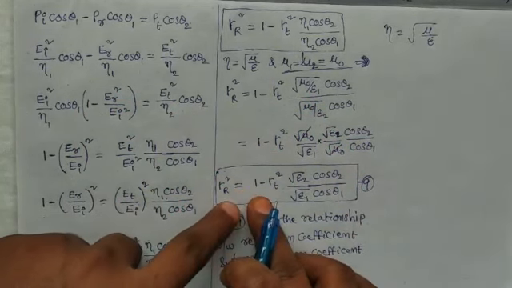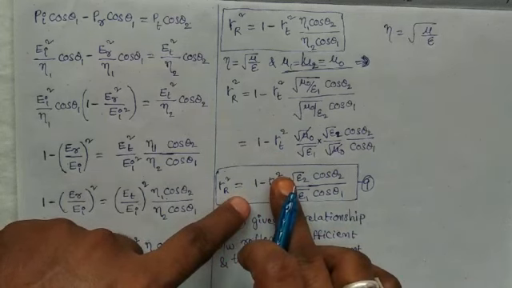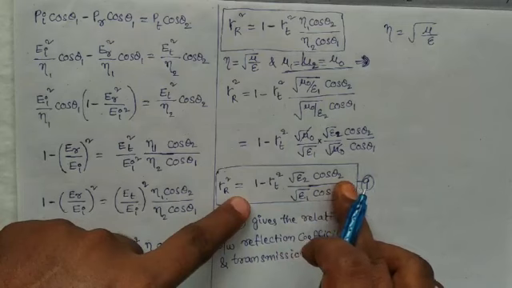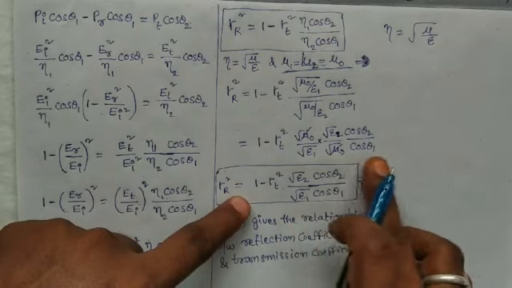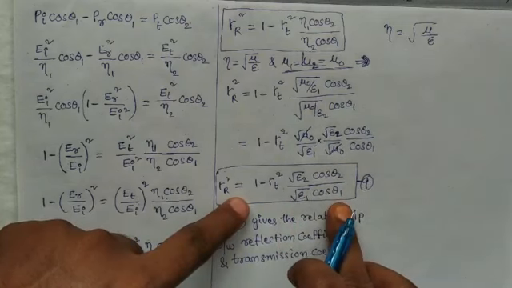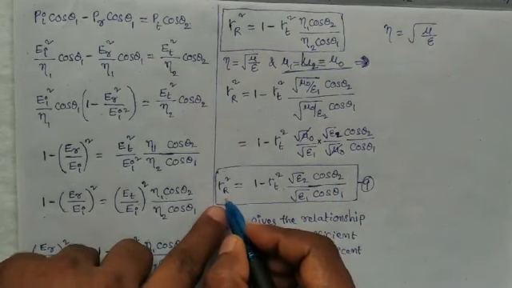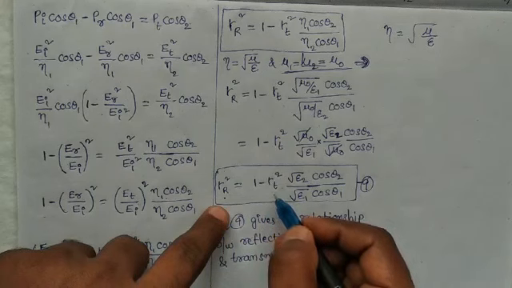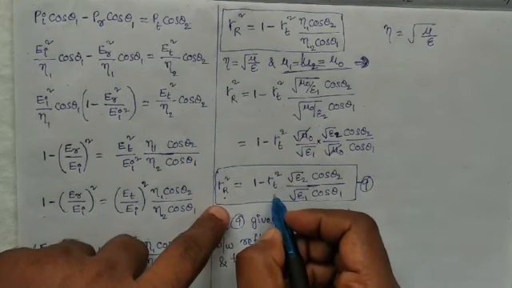Gamma R square is equal to 1 minus gamma T square times square root of epsilon 2 cos theta 2 by square root of epsilon 1 cos theta 1. This is the relation between the reflection coefficient and the transmission coefficient.